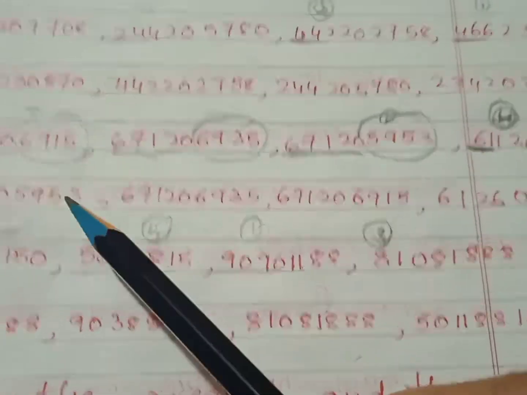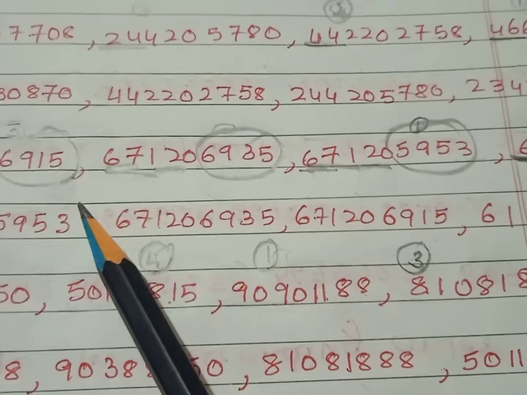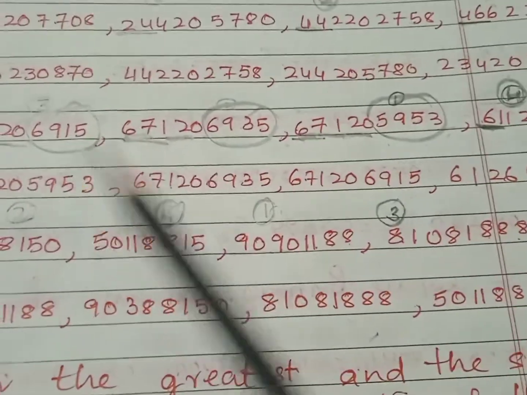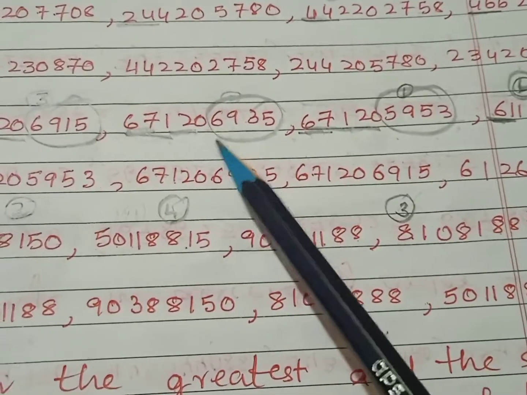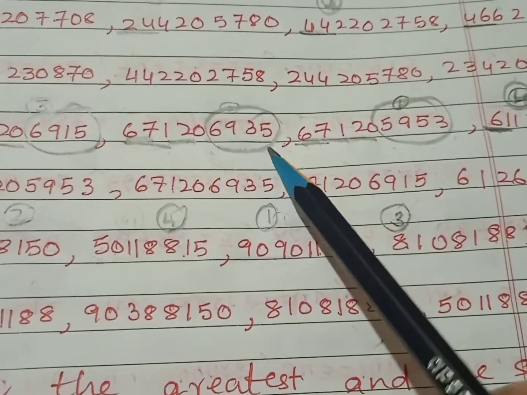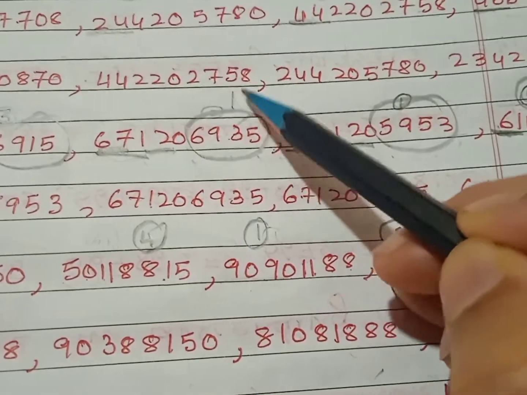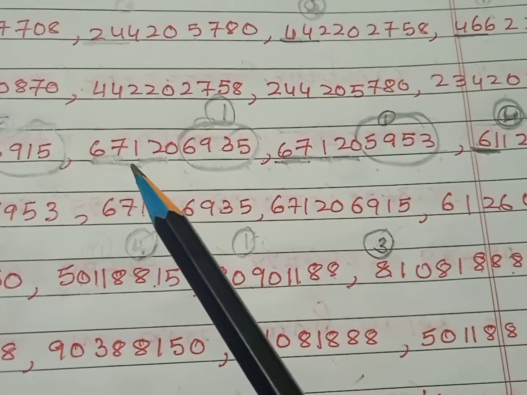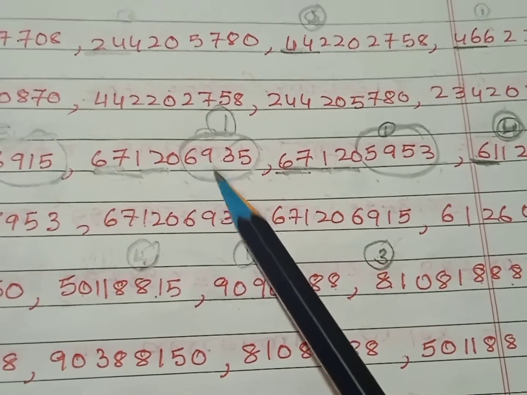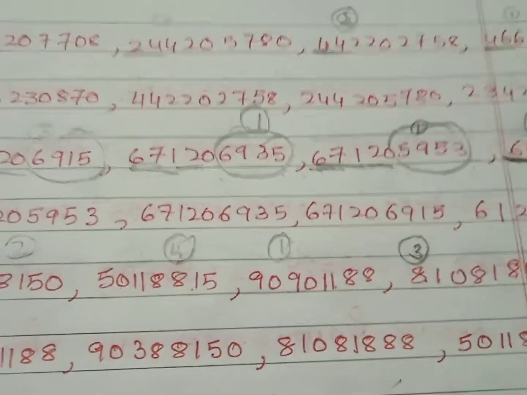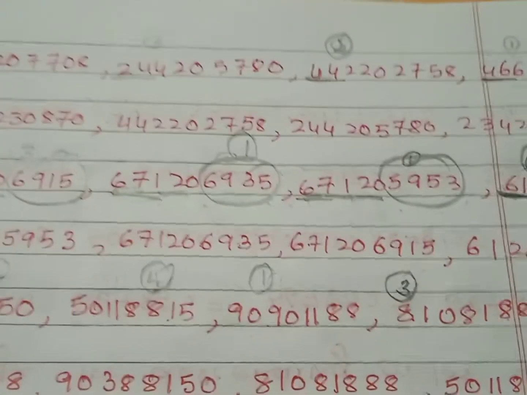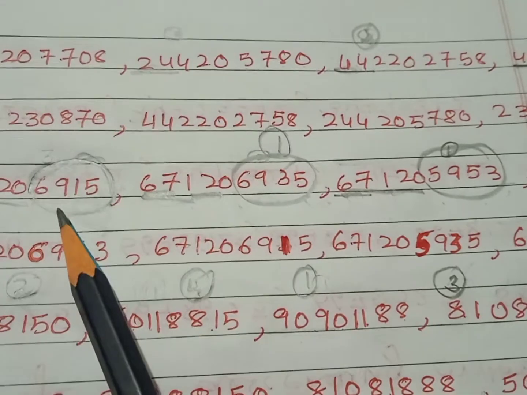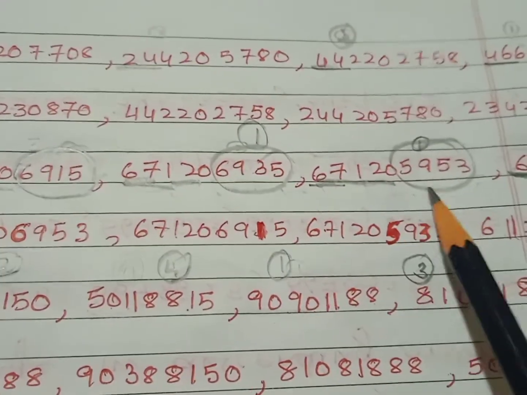So if I consider the last 4 digits, 6,915, 6,935, 5,953. Out of these 3 numbers, I think 6,935 should be the biggest one. So I will mark it as 1. Okay. Then, because this will be the biggest one, right? Next will be when compared between 6,915 and 5,953.